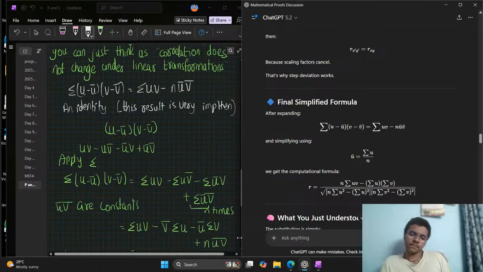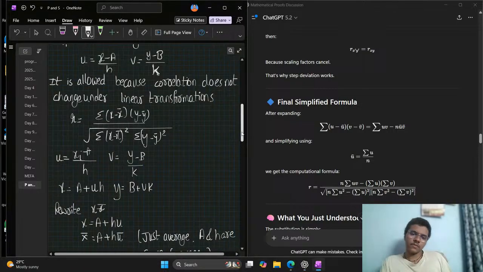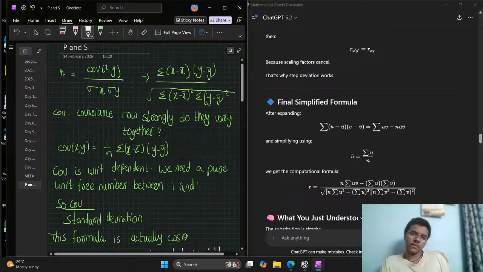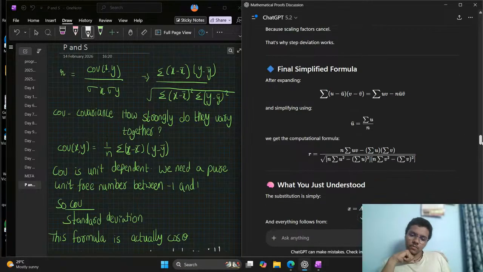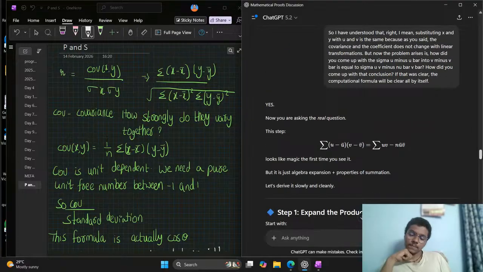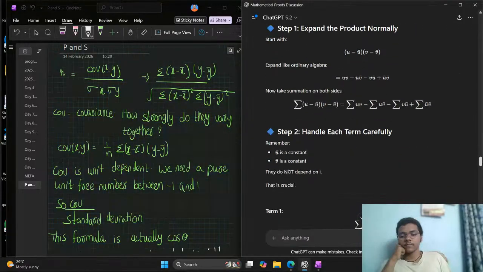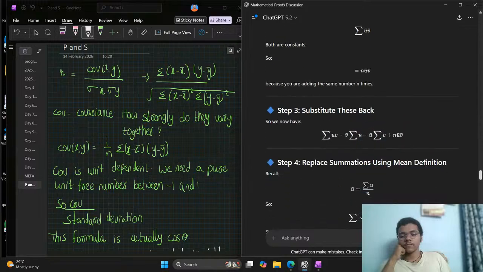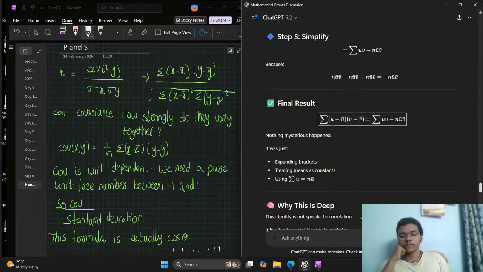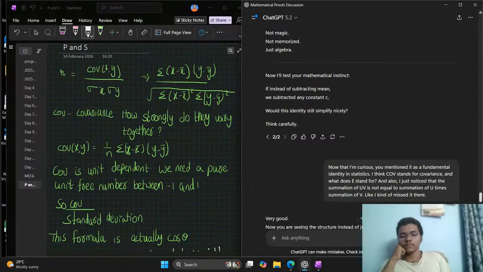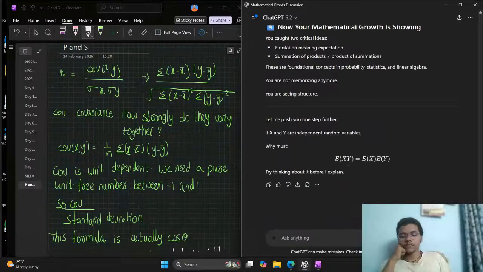Here is the original formula. In this place you can place this. Wait, not this.